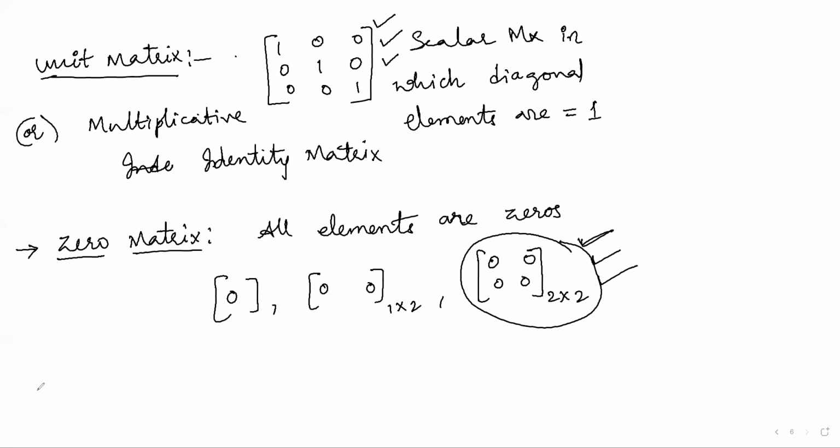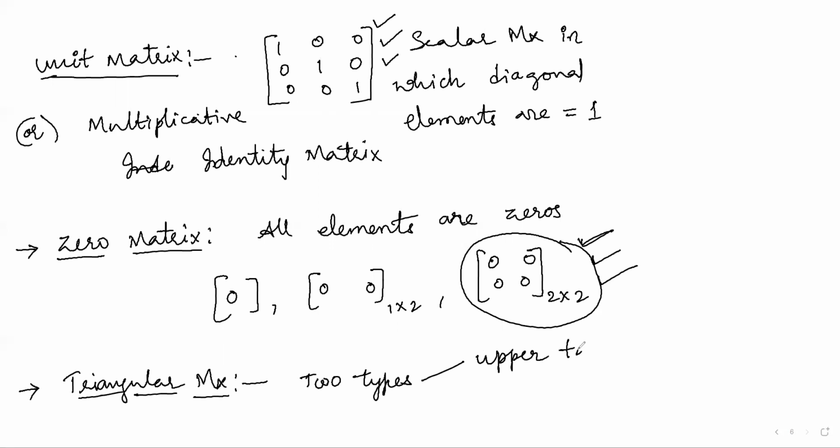Right. So the next one is the triangular matrix. What is a triangular matrix? Two types are there: one is the upper triangular matrix, and another is the lower triangular matrix.